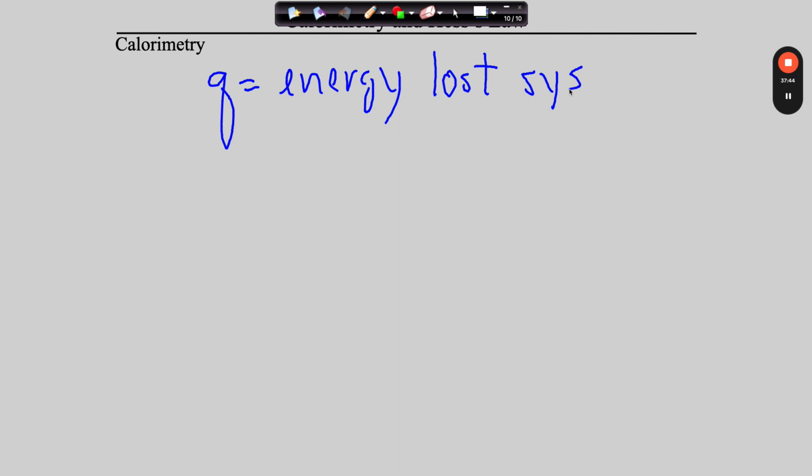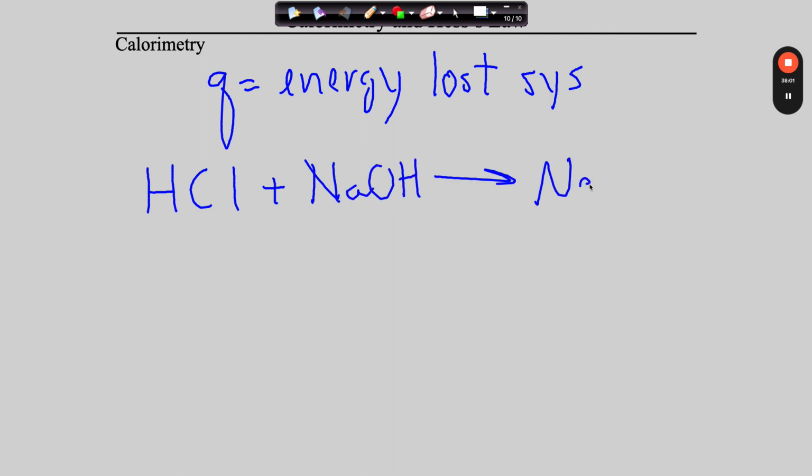But now guys, we need to turn this into an enthalpy of reaction. So let's talk about how to do it. Say it's our first reaction, so it's HCl plus NaOH yielding salt and water.